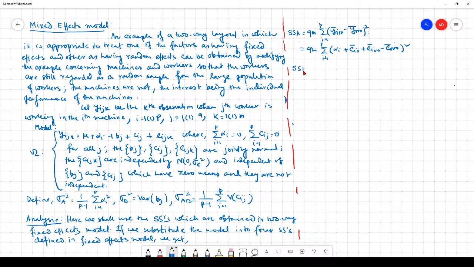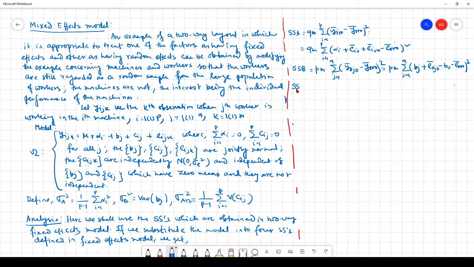SSB, which is equal to pm sum over j from 1 to q of (y0j0 bar minus y000 bar) whole square, equal to pm sum over j from 1 to q of (Bj plus E0j0 bar minus B bar minus E000 bar) whole square.